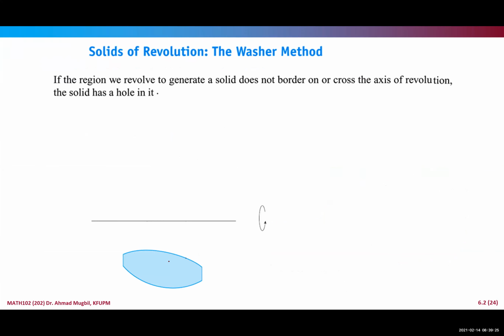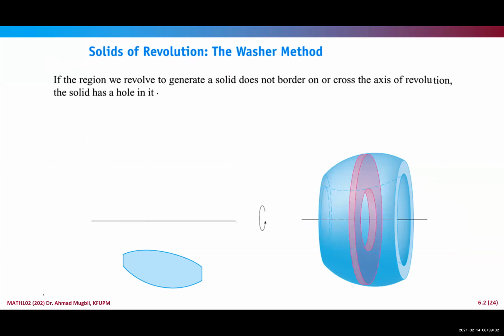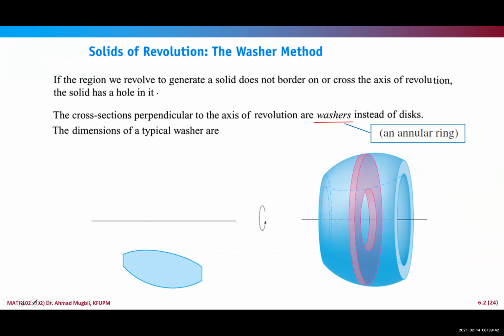We have a region here that is going to be rotated about this horizontal line. Then look what will happen. This is what you are going to have if you rotate this region. This is the solid that you will have. Look at the huge washer that we have there. We will call it a washer, but by a washer we mean an annular ring like this.